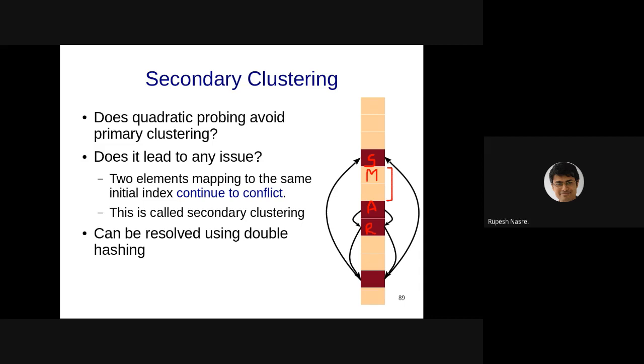It's just that there are some theoretical ways in which you can prove that if you use certain numbers in the hash function for I, then you will be able to actually cover all the elements, or you will be able to cover a certain fraction of the elements, right?